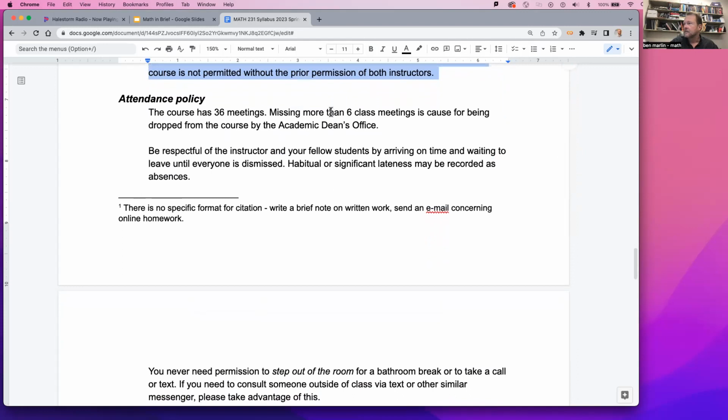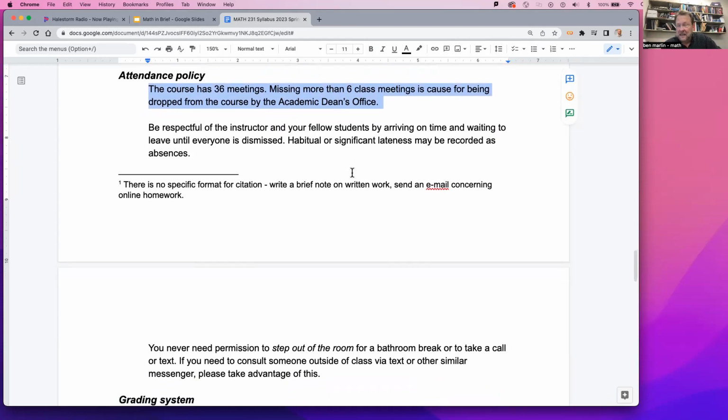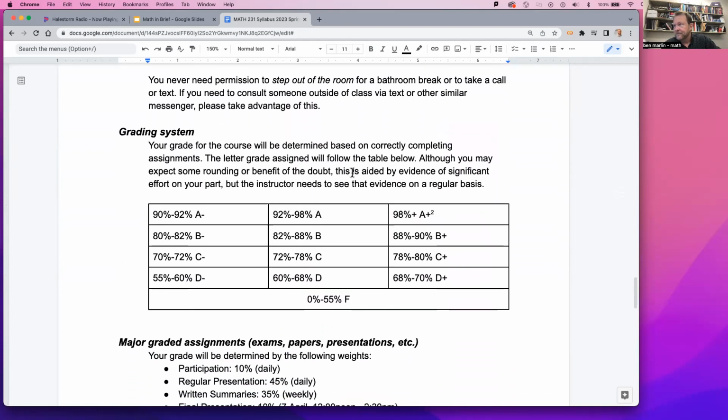Note here this bit about missing more than 6 class meetings is cause for being dropped from the course. I don't foresee that happening very often, but if you should miss more than 6 times, so that would be the 7th time, then I would look into that option.